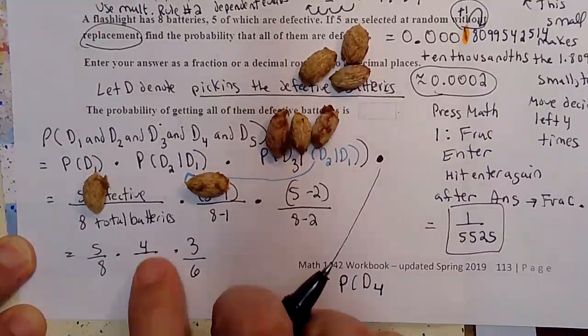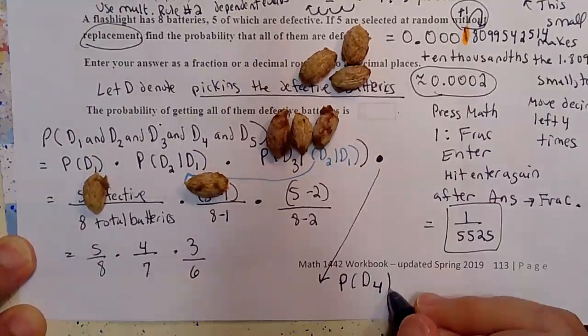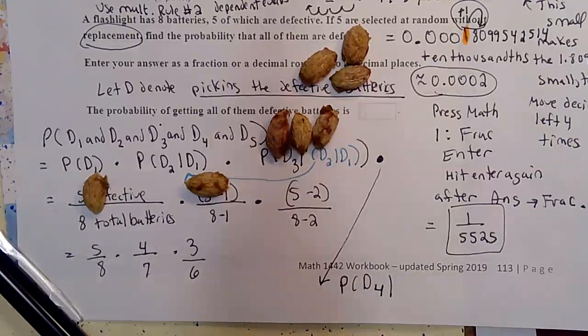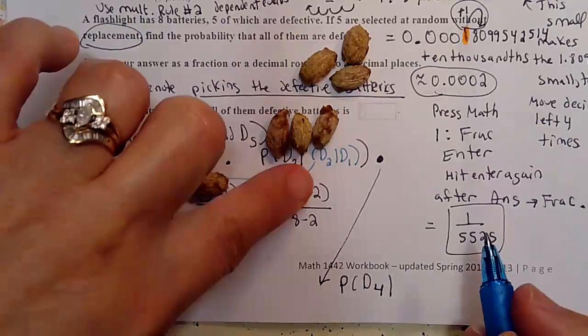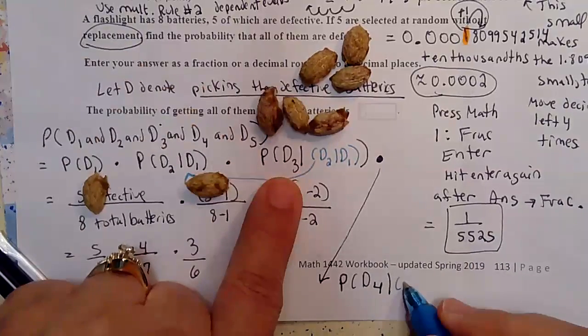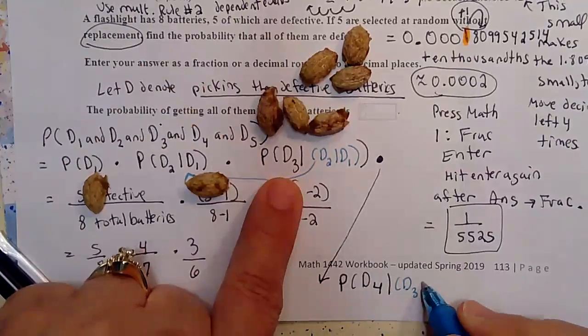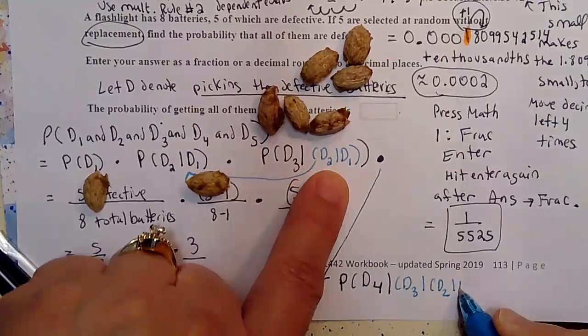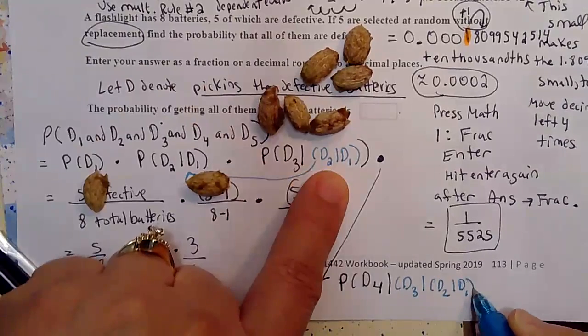Yeah, 1, 2, 3, 4. Given that the previous event has occurred, and this is the previous event, all of this, D sub 3 given D sub 2 given D sub 1.